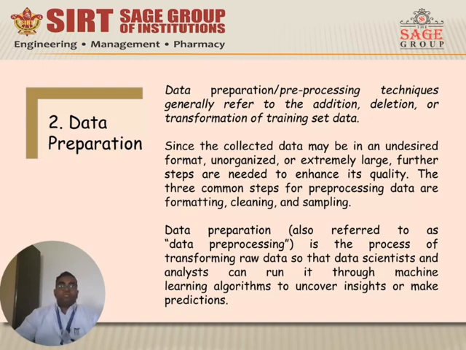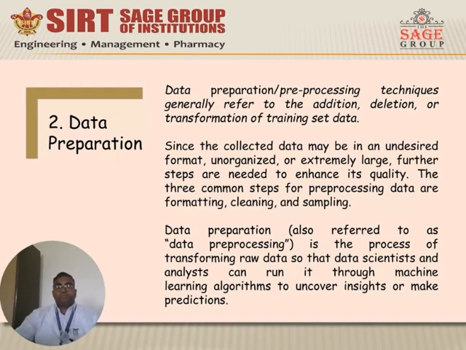The three common steps are formatting, cleaning, and sampling, through which we can turn unorganized data into organized data. You can also do scaling, so that extremely large data can be scaled into a smaller one.